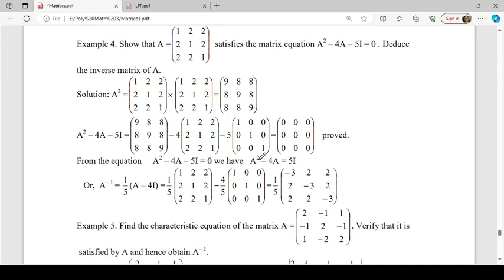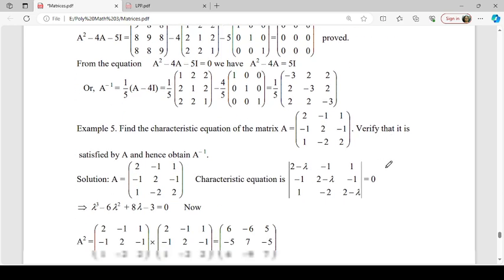We multiply by A inverse: A inverse into A square is A, then minus 4 A inverse into A is I, and 5I into A inverse is A inverse. So 5 A inverse is equal to A minus 4I. In this way also we can find the inverse.